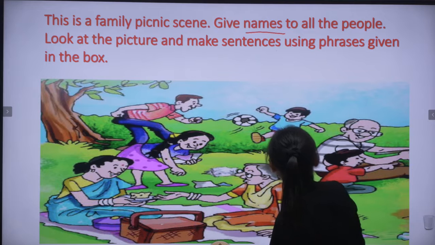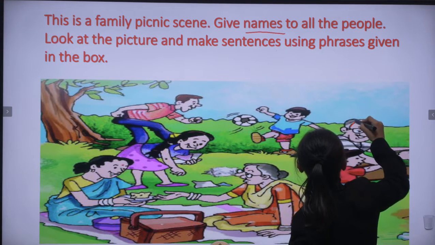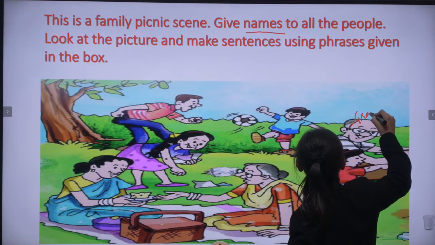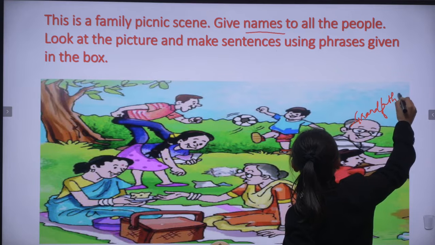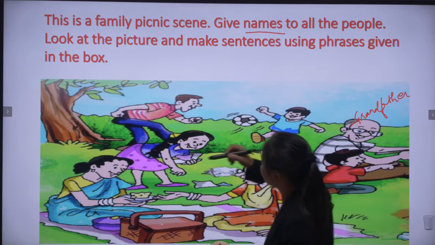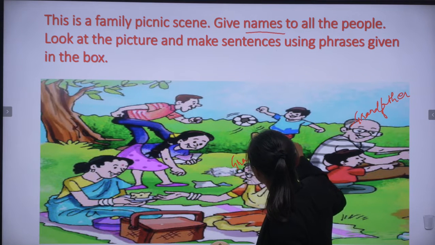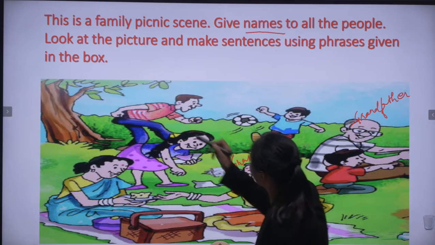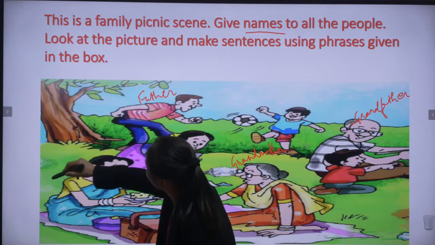Let's see the picture. It's a grandfather, and it's a grandmother. We can say it's a father, mother.